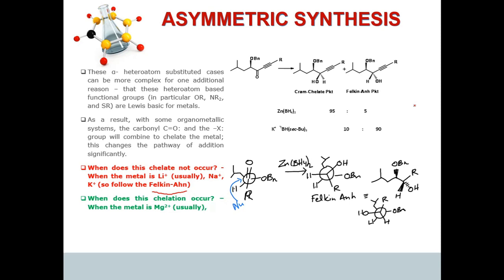When the metal is divalent, like Zn2+, Cu2+, etc. And this Cram chelation control leads to a reversal in selectivity. Now these two situations arise only when we have a heteroatom on the alpha carbon, the carbon which is adjacent to the carbonyl group.